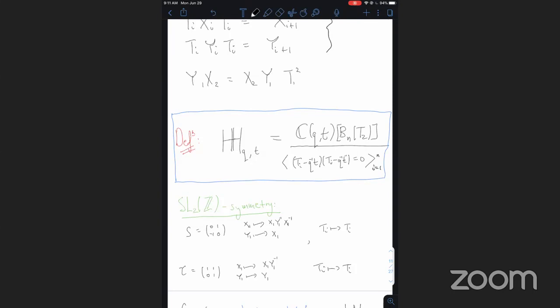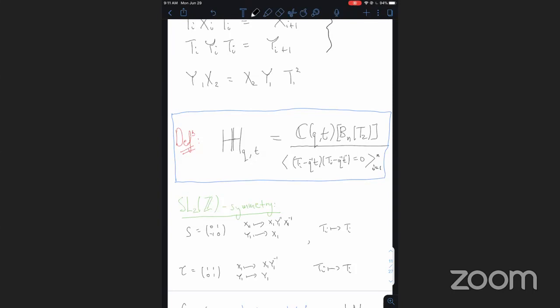Explicitly, the action is given in a very explicit way. So this S transformation, the operation swapping the symplectic homology basis for the torus, sends y1 to x1, sends x1 to x1 y inverse x1 inverse, and obviously preserves the T sub i's. Okay, so these T sub i's are insensitive to this because they're all taking place within some small local neighborhood.